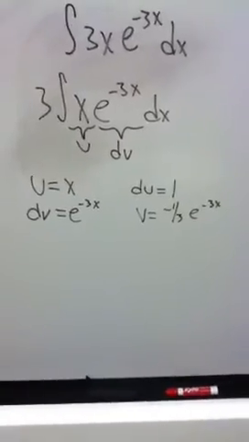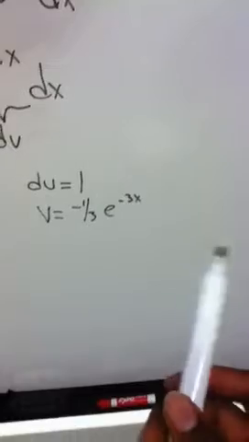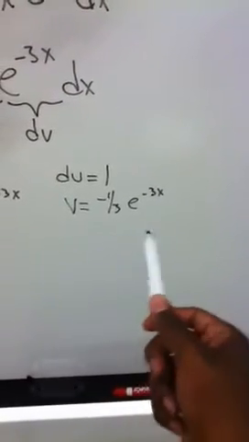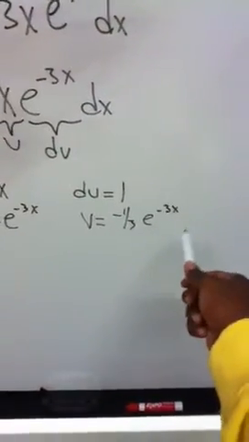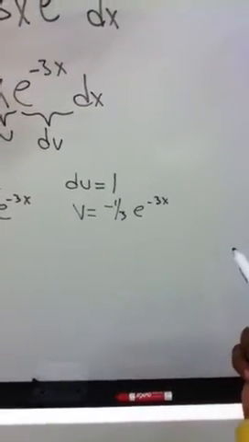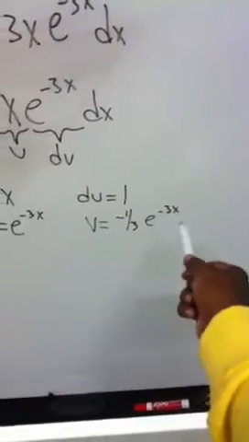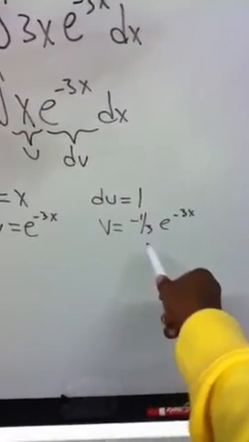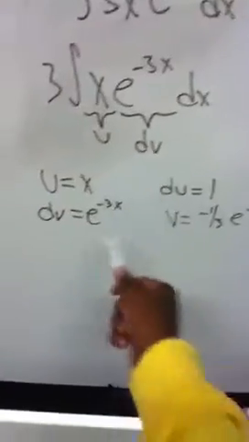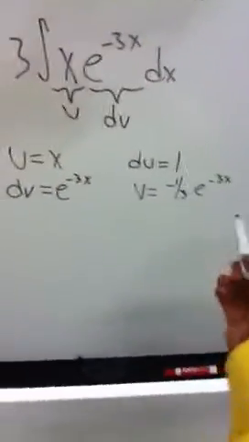So when you take the derivative of negative 1/3 e to the negative 3x, you first take the derivative of the outside function, which is just e to the negative 3x. And then you'll have the derivative of the inside function, which is negative 3. Negative 3 times negative 1/3 equals 1, which would just then be e to the 1 times e to the negative 3x. So you know that that's your integral.